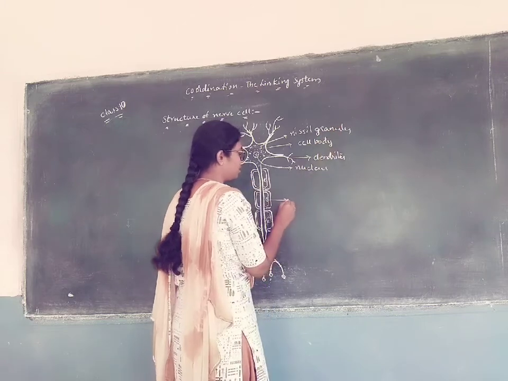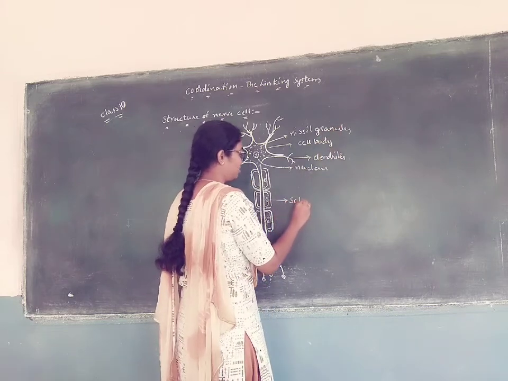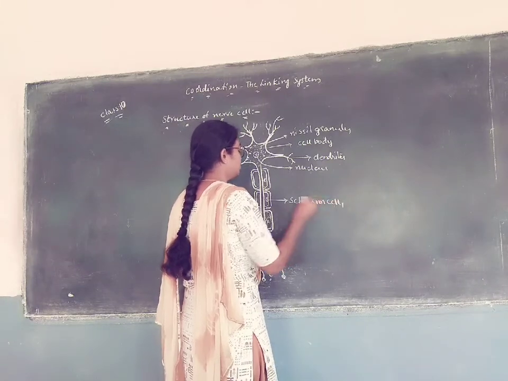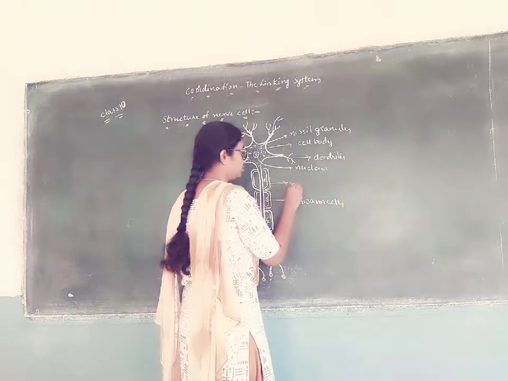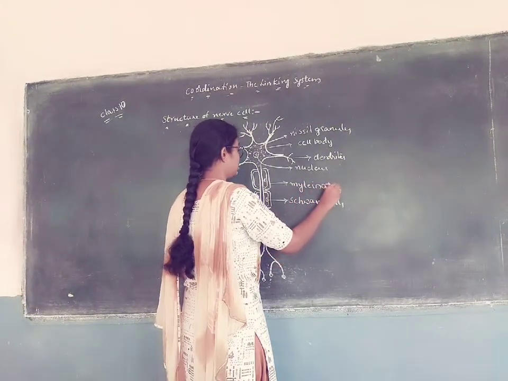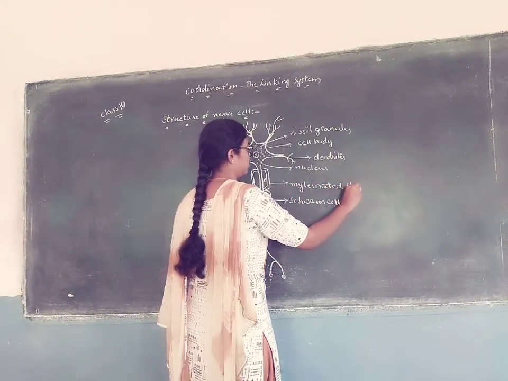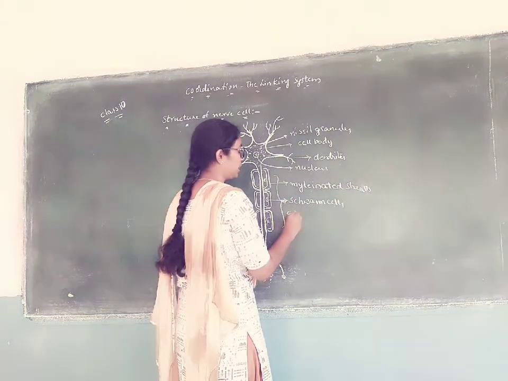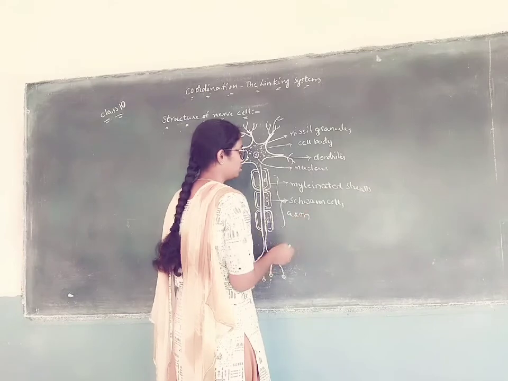And these cells are known as Schwann cells, and this is known as the myelinated sheath, and the center part is considered as the axon.